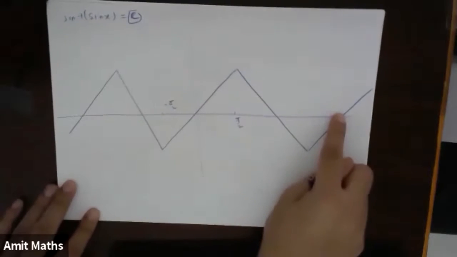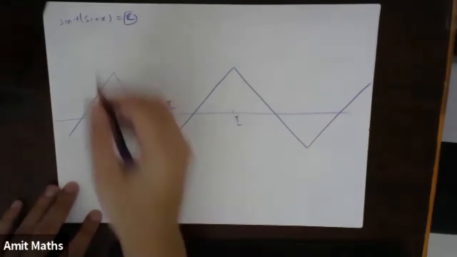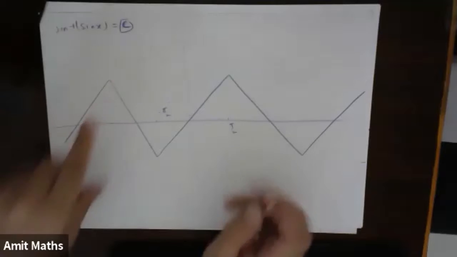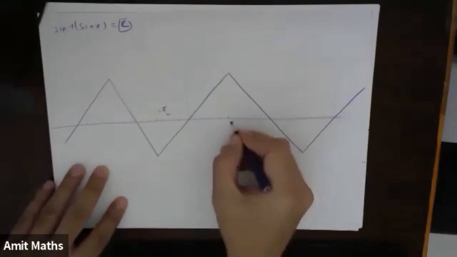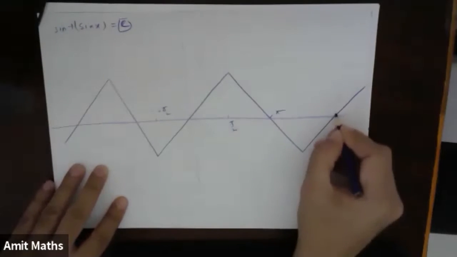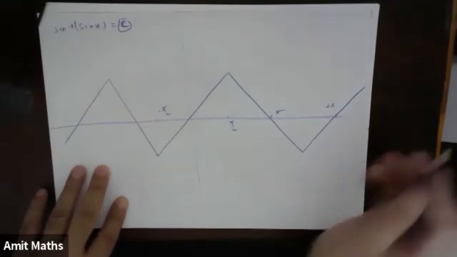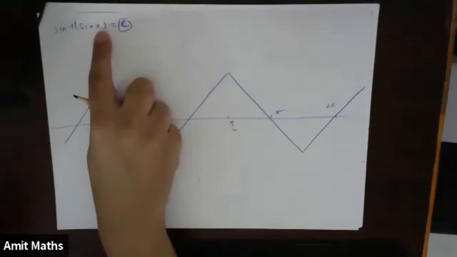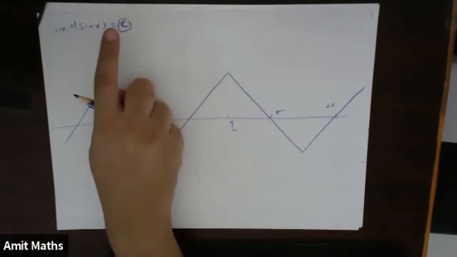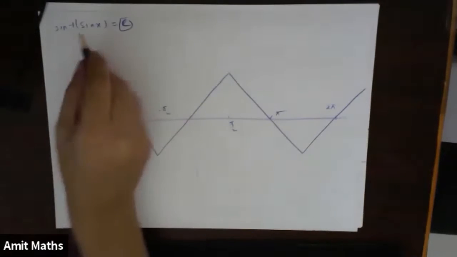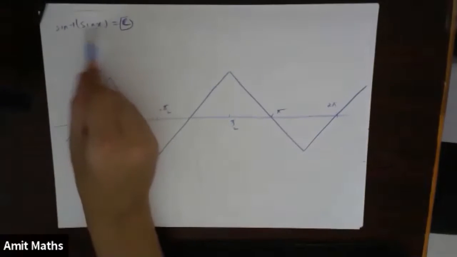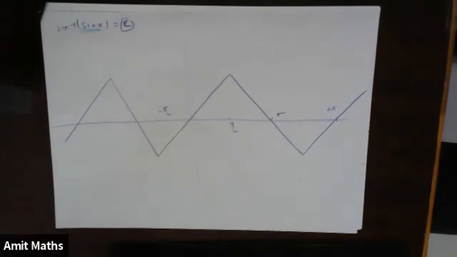But suppose, let's take, this is pi by 2, this is pi, this is 2 pi, 3 pi. Whenever you are taking pi, 2 pi, 3 pi, 4 pi, 6 pi, 10 pi, minus pi, minus 2 pi, minus 3 pi, at all those places the sine value is becoming 0.